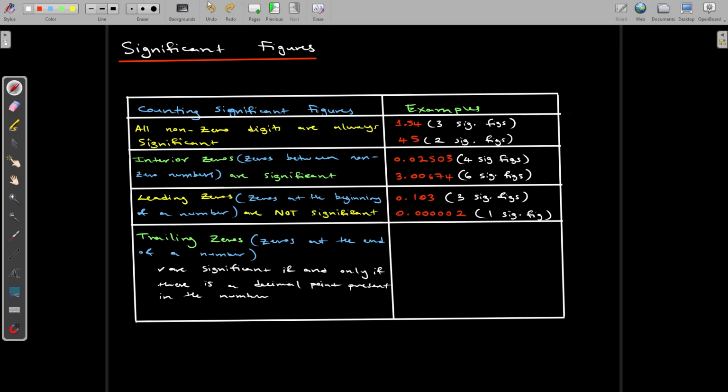That's the only condition. Otherwise, they would not be significant.